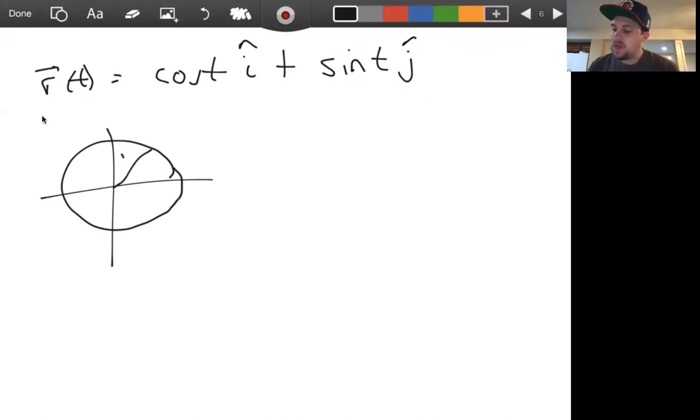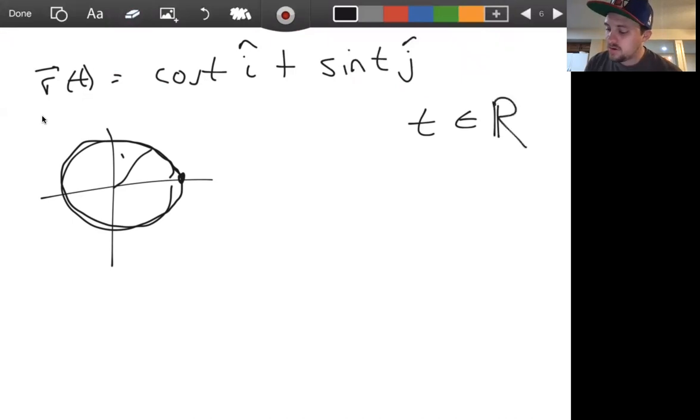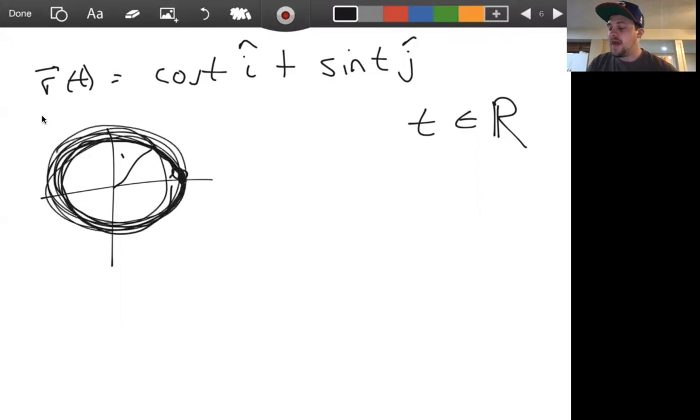And so as t goes from 0 to 2 pi, or let's look at t in all of R, you start at 0, you go around to 2 pi, you come back once. And once you get over 2 pi, now you just start winding over and over this same circle, right? You're winding and winding for an infinite amount of time. And as t is negative, you're winding backwards, right?